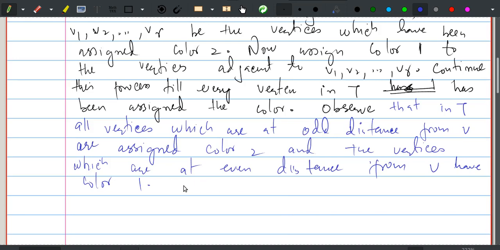Therefore, along any path in T, the vertices are of alternating colors.